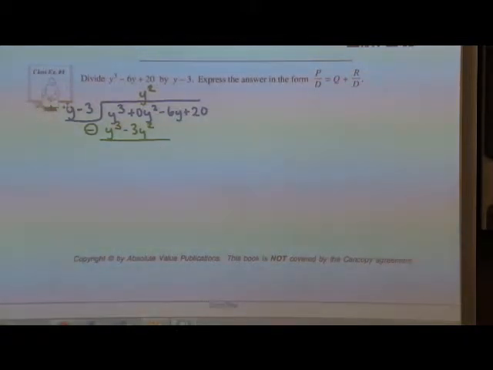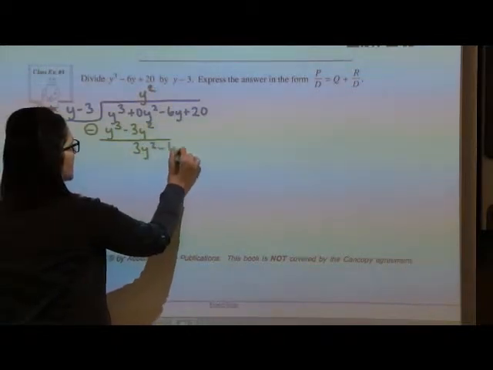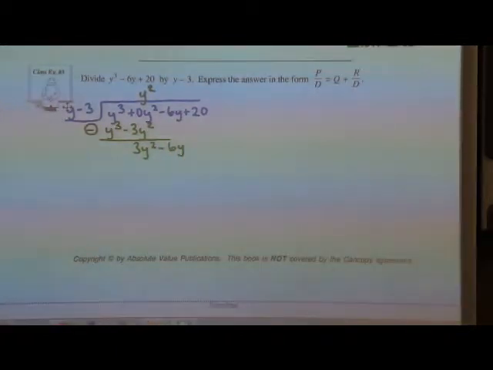So y cubed minus y cubed is 0, it's gone. And 0 minus negative 3 is positive 3. So I get 3y squared, and then I'm going to bring down the 6y. And then I repeat the process.